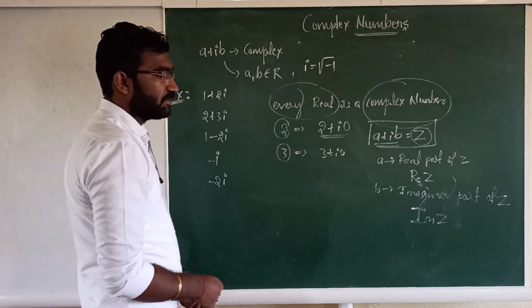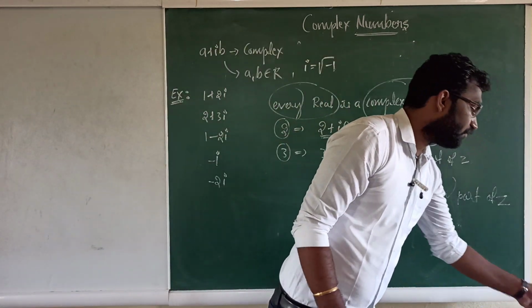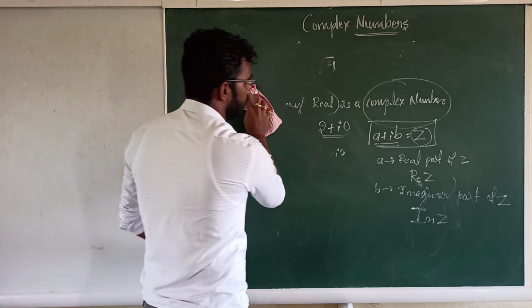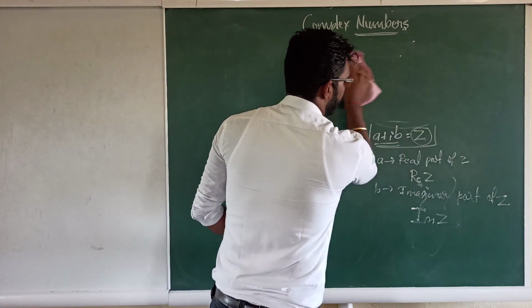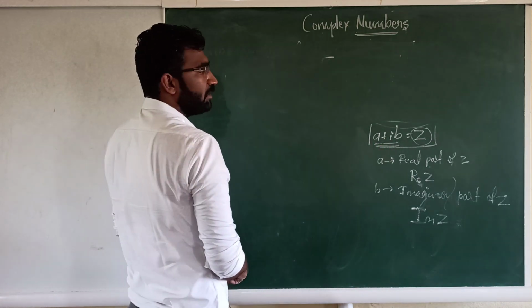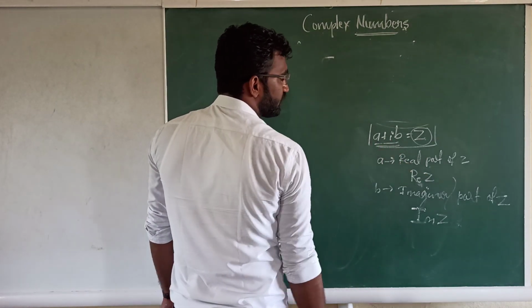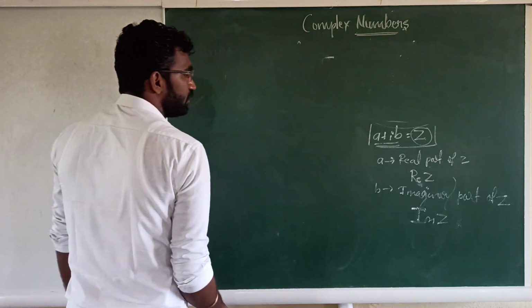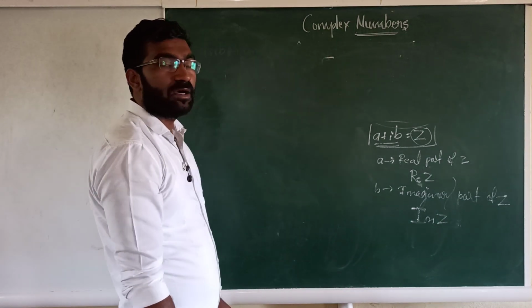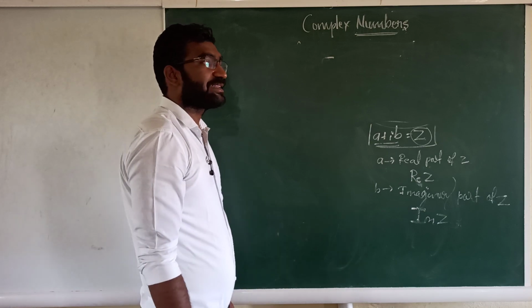So let us see some examples, how to find the real part as well as the imaginary part. As I said, if the number is of the form a plus ib, a is the real part of z and b is the imaginary part of z, right? Now my question is how to write the given number in the standard form.